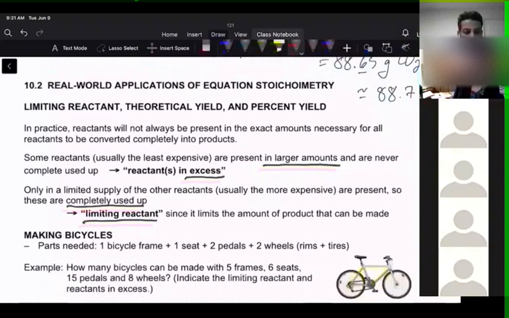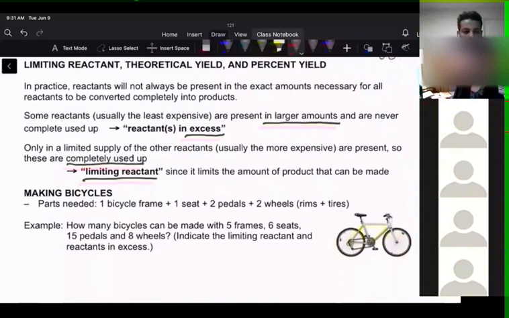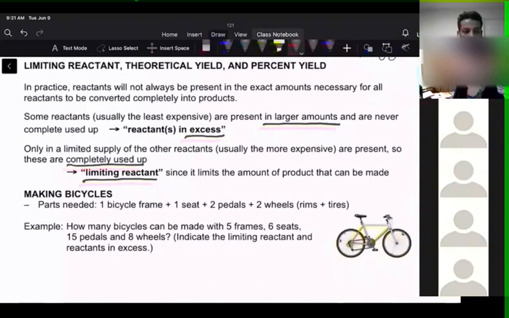So we can see it easily when we think about a bicycle. Maybe in the bike shop, you're not going to sell a bike with one tire. They don't sell that, right? They'll wait and they'll get a new tire and they'll sell a complete bike. So here's our recipe for the bike. We need a frame, we need a seat, we need 2 pedals, and we need 2 wheels.